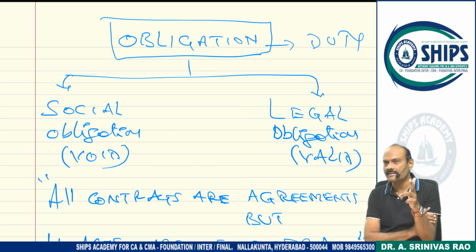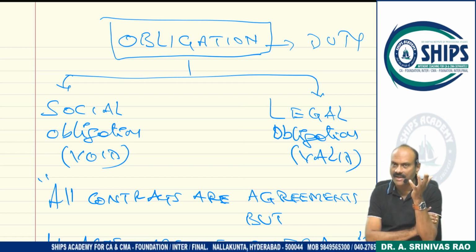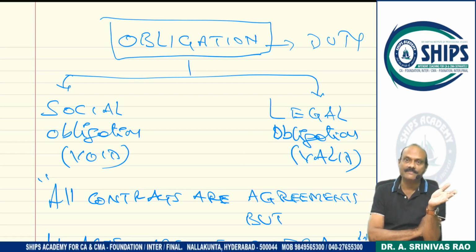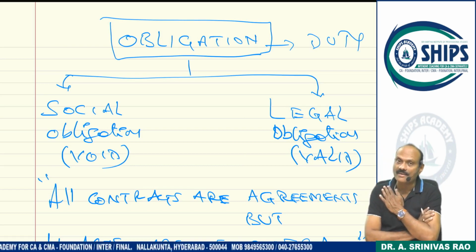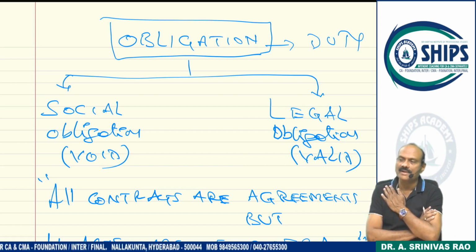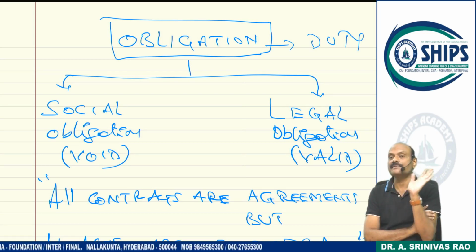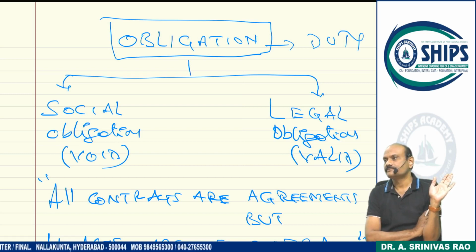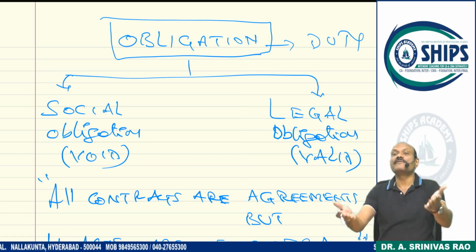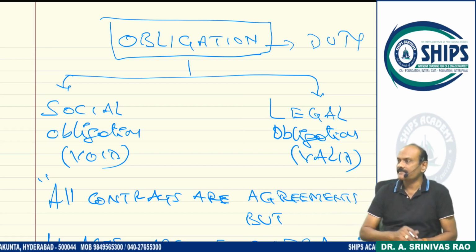Parties to agreement are intended to create a legal obligation, it is a contract. Parties to agreement are intended to create a social obligation, it is not a contract. So what you thought of creating makes it a contract.